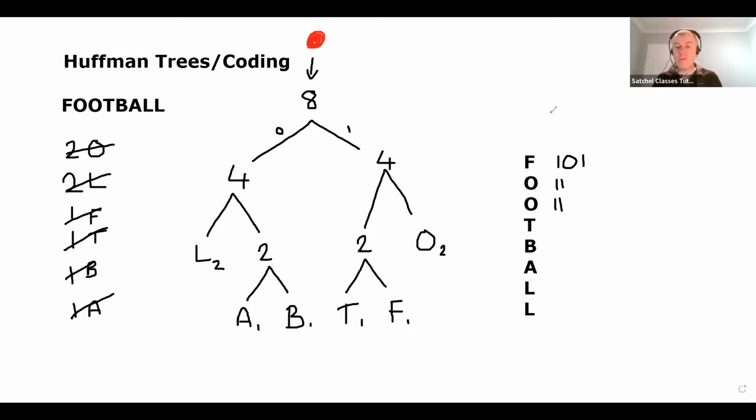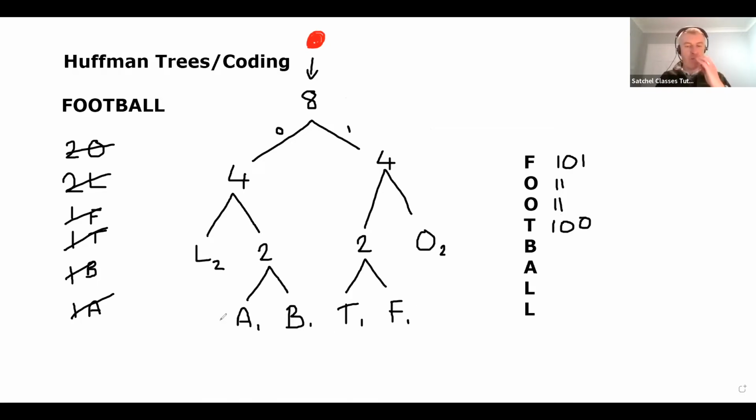Okay, so our next letter is T. So here it is circled. Okay, we're going to drop our marble down, follow its route. So it's going to go right, left, left, which translates to 1, 0, 0.